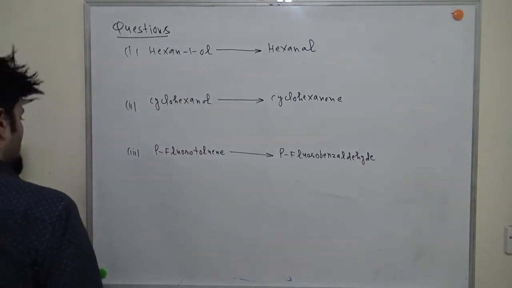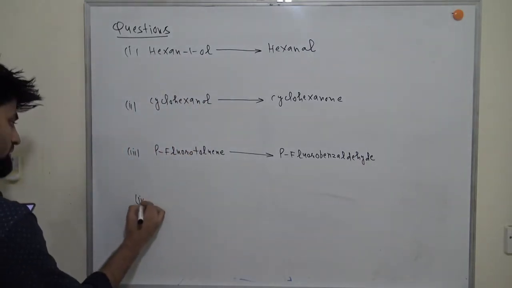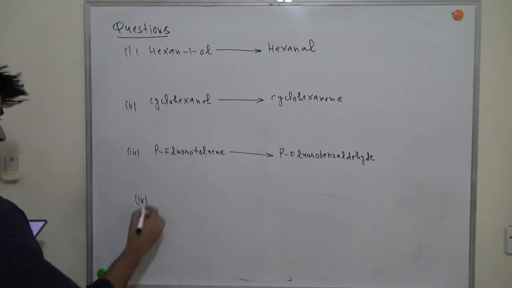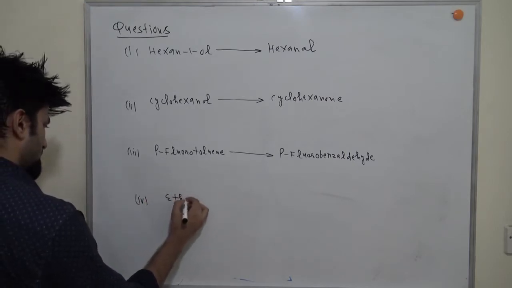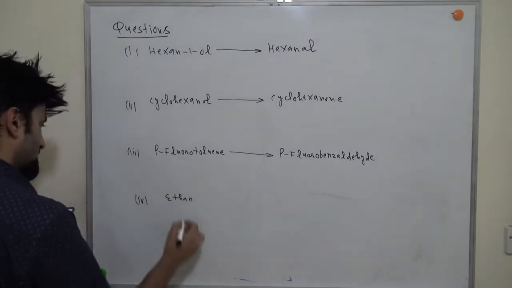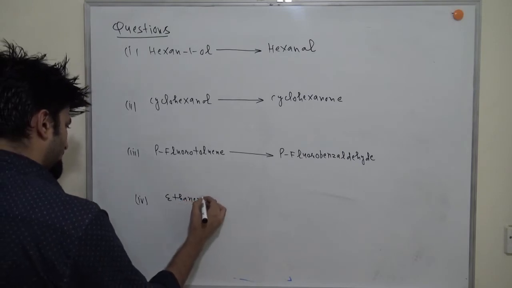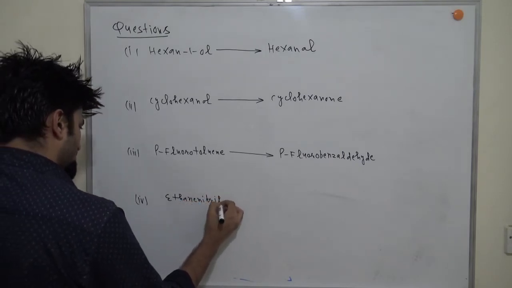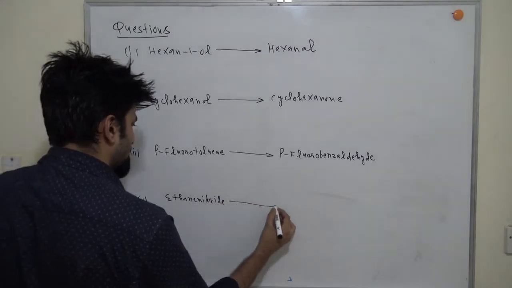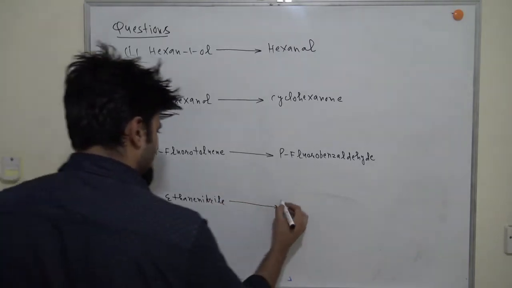Okay, the fourth one is ethane nitrile. We have to convert ethane nitrile to ethanol.